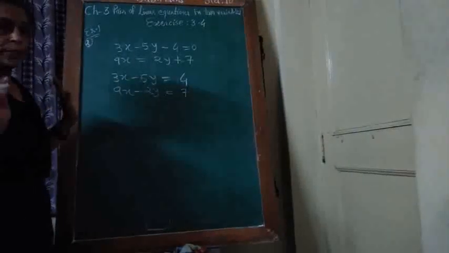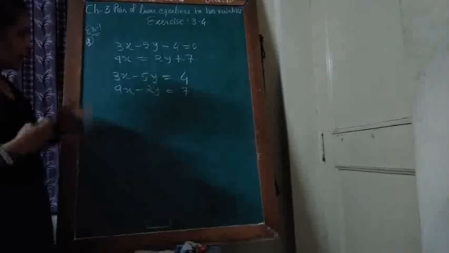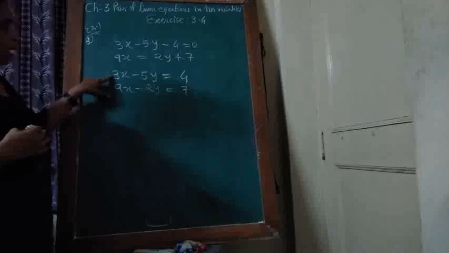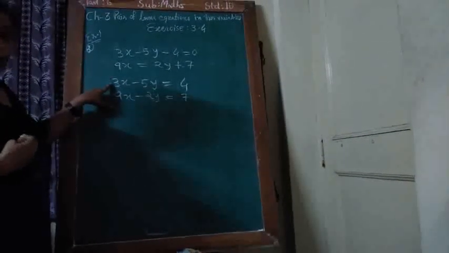So you decide which variable you want to eliminate, and which variable becomes easy to eliminate. Here we only have to multiply this equation by 3, so that time is saved.